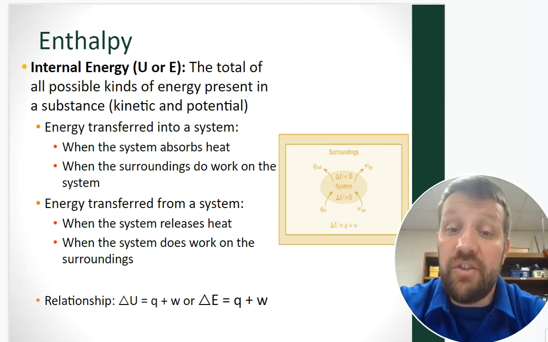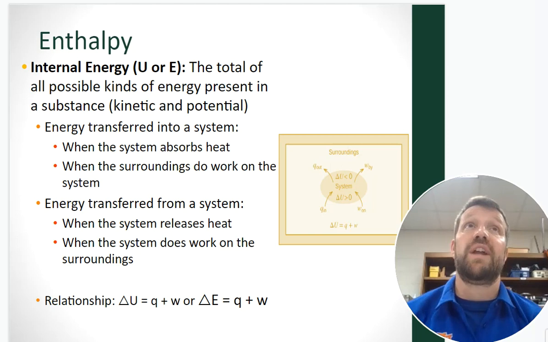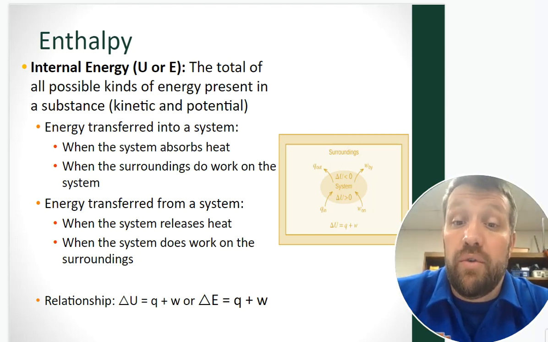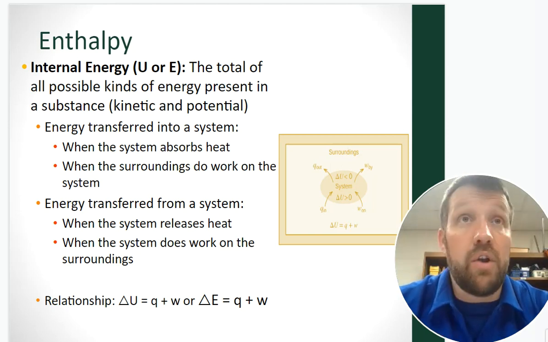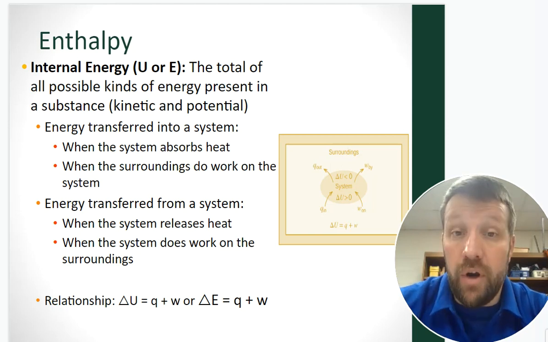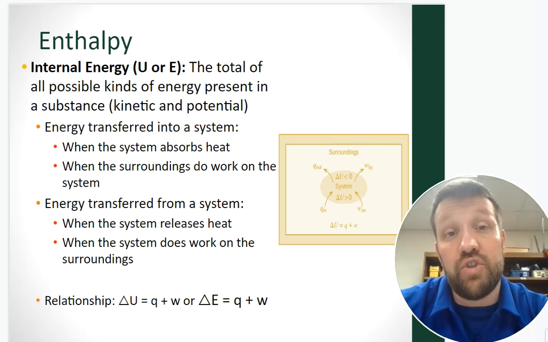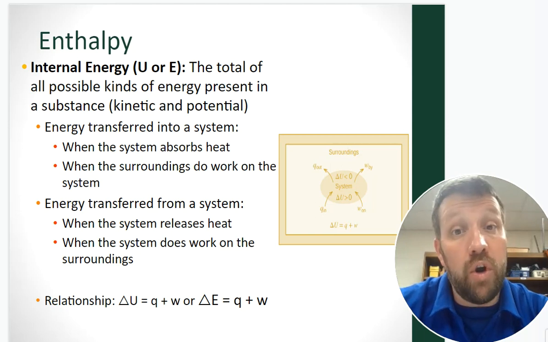Energy is transferred into a system and results in a change in the system based on how these flows happen. When the system absorbs heat, so if we went back to our cooler object example and it got thermal energy from the warmer object, it would be increasing in enthalpy because it would be absorbing heat. This is energy transferring into the system, as is when the surroundings do work on it.